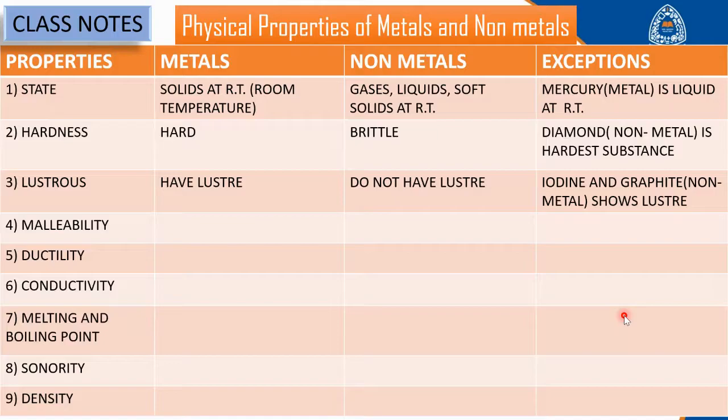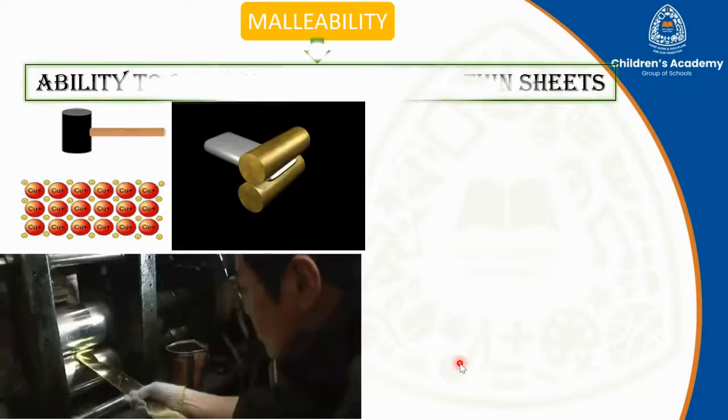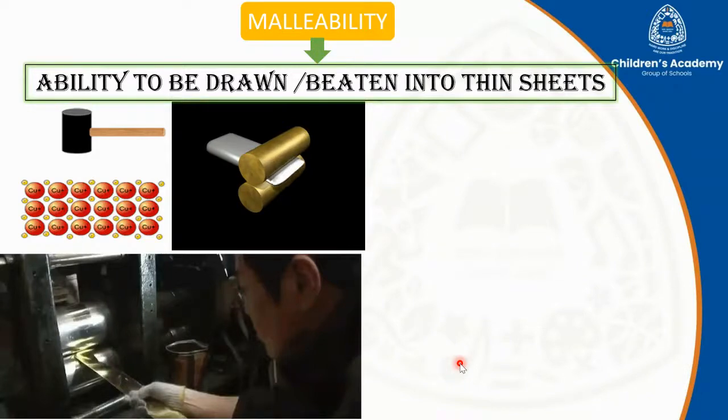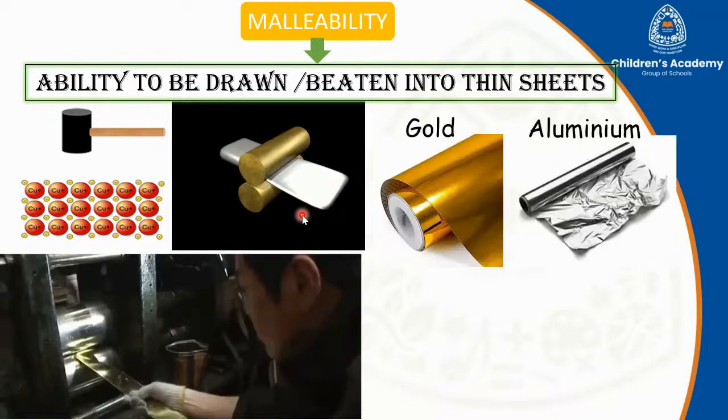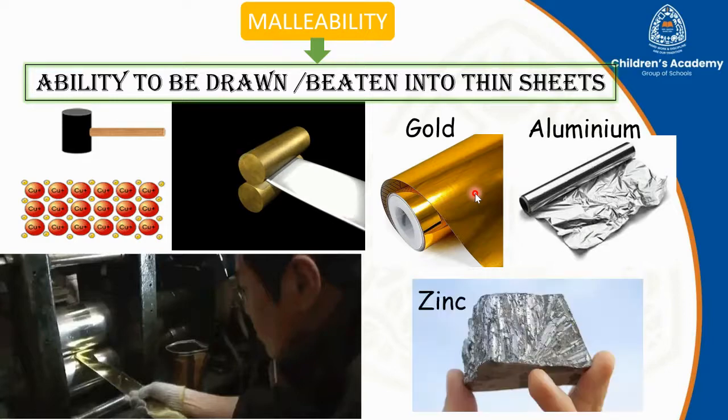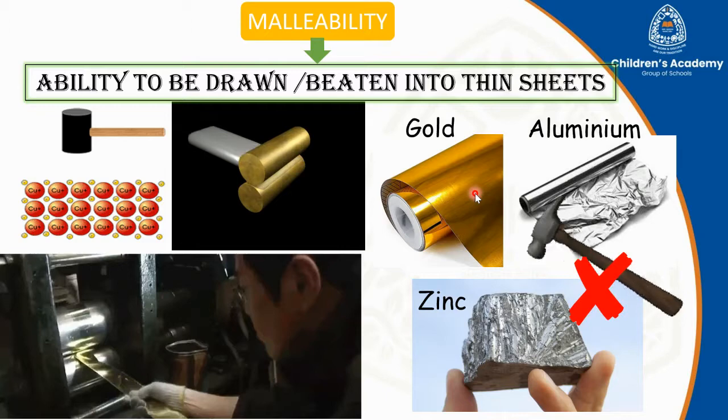Look over the fourth property, that is malleability, which means the ability to be drawn or beaten into sheets. Almost all metals are malleable. Example, aluminium, gold. But zinc breaks when hammered or drawn into sheets at room temperature, which is an exception.